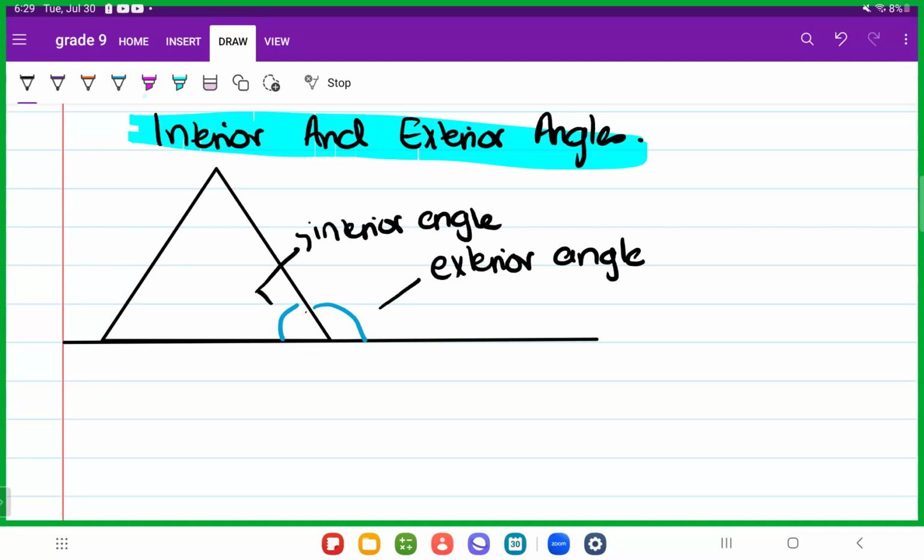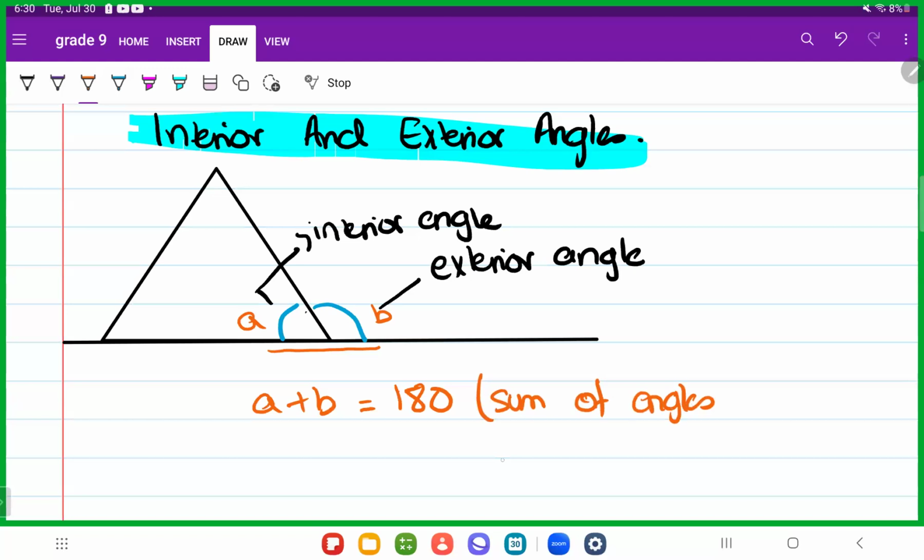So can you see that both of these angles are on a straight line? That means this angle A plus B would be equal to 180. Why? Because the sum of angles on a straight line is 180. So you will always have to write down the reason behind it.